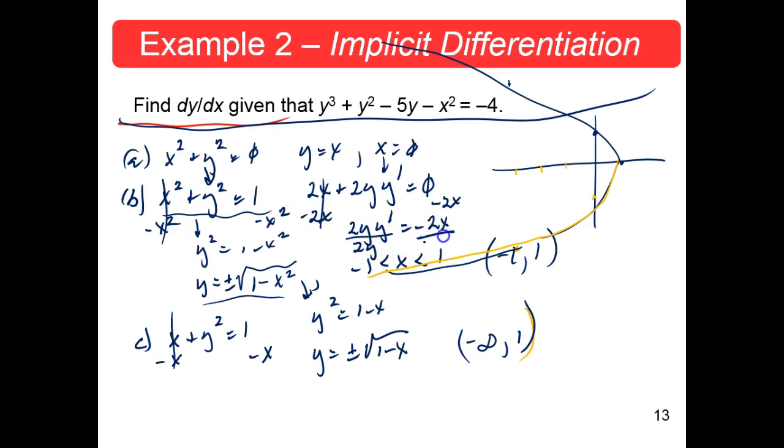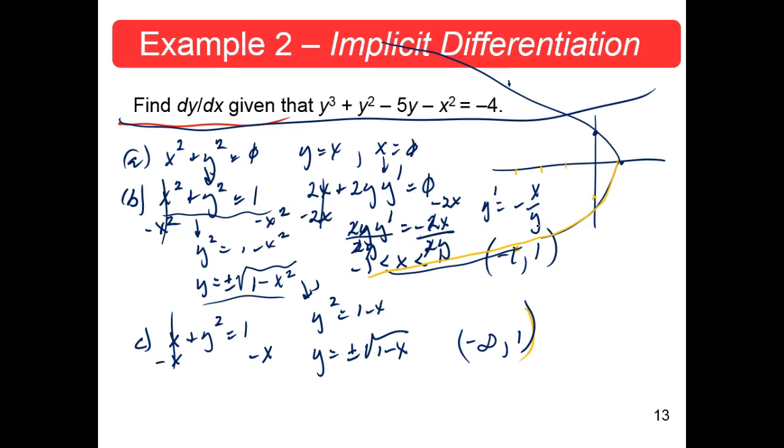That would certainly work. Now, here, everything but y prime disappears. Here, the 2's go out. And what does that leave you with? Y prime is equal to negative x over y.